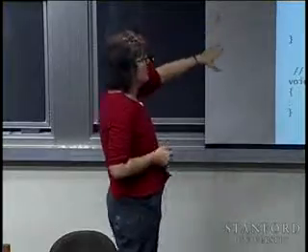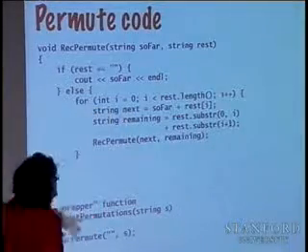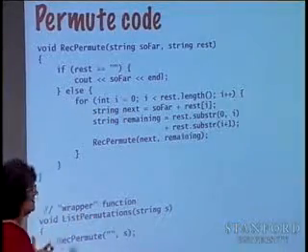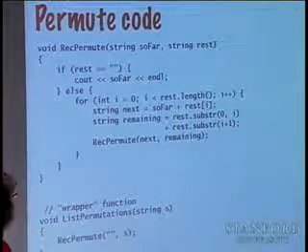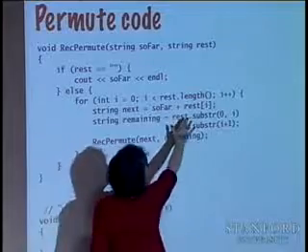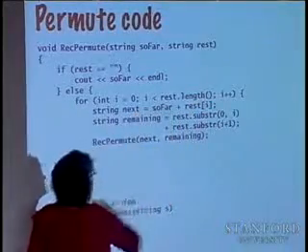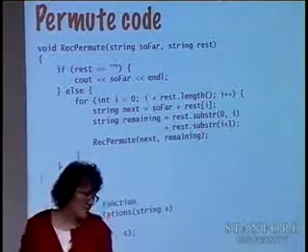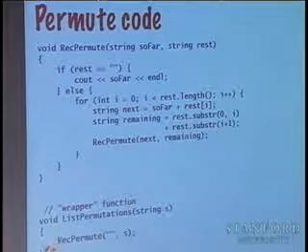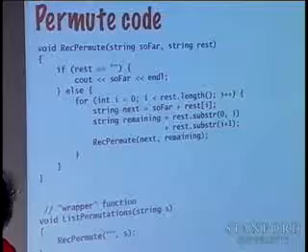If it's not empty, so in my else case, then for every letter that remains in the rest, imagine for example I'm starting with the whole alphabet at the very beginning and so far is empty, this for loop is going to iterate 26 times. It's going to take out the ith character, and it's going to append it to the permutation, and then it's going to remove it from the rest to show that it's been used, so we won't accidentally repeat it later in the permutation.